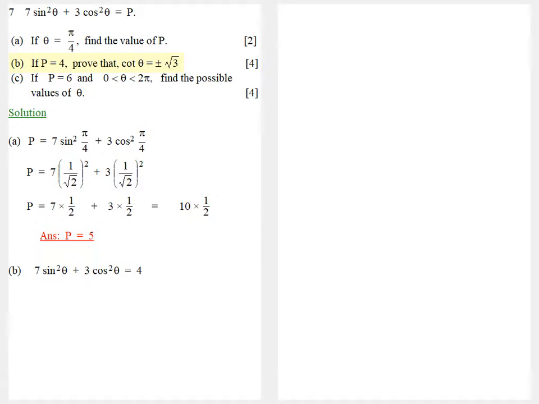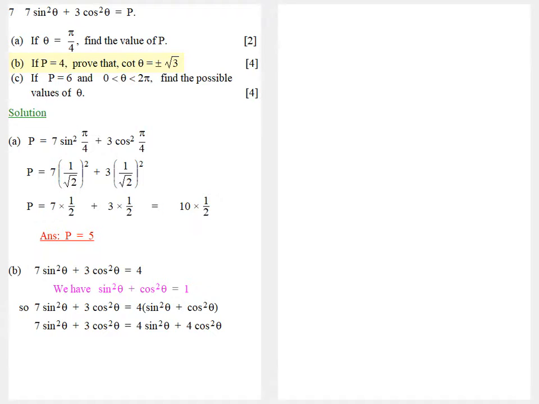Perhaps the easiest way of doing this is to remember sine squared theta plus cos squared theta equals 1. And so 4 is 4 times (sine squared theta plus cos squared theta). So this gives us 7 sine squared theta plus 3 cos squared theta equals 4 sine squared theta plus 4 cos squared theta.